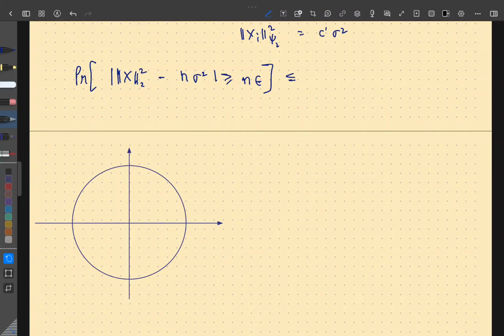You can consider a sphere of radius root n sigma square, and I can construct a thin shell of width square root n times epsilon around this sphere.